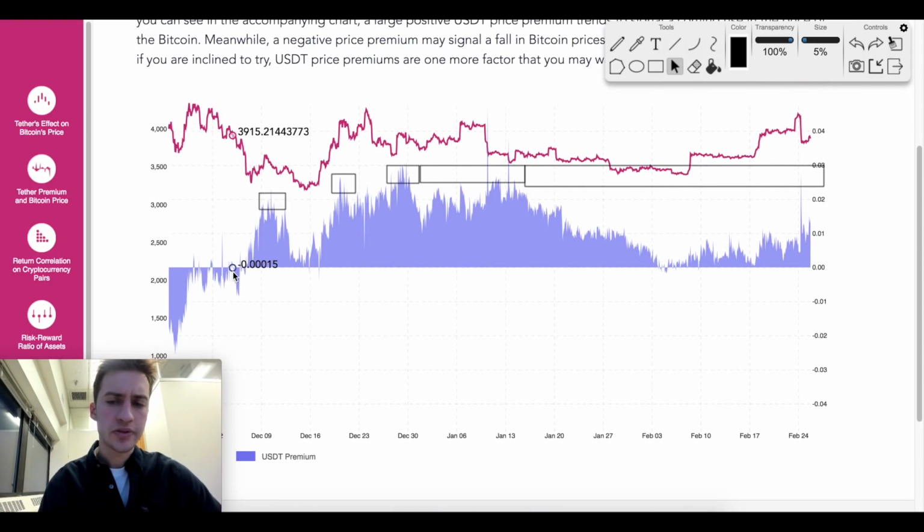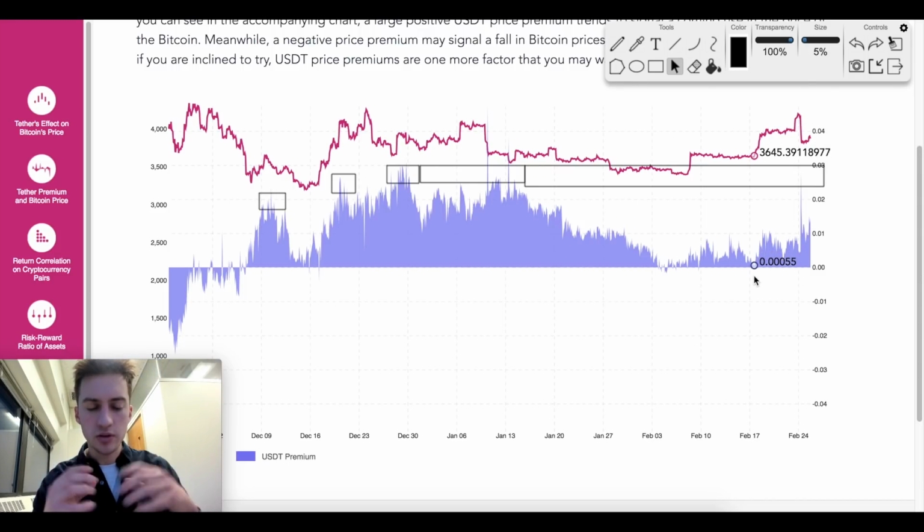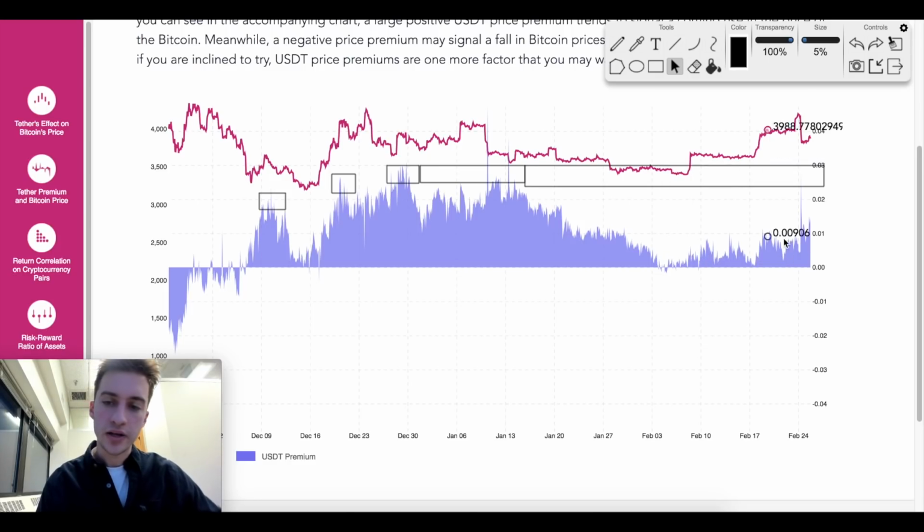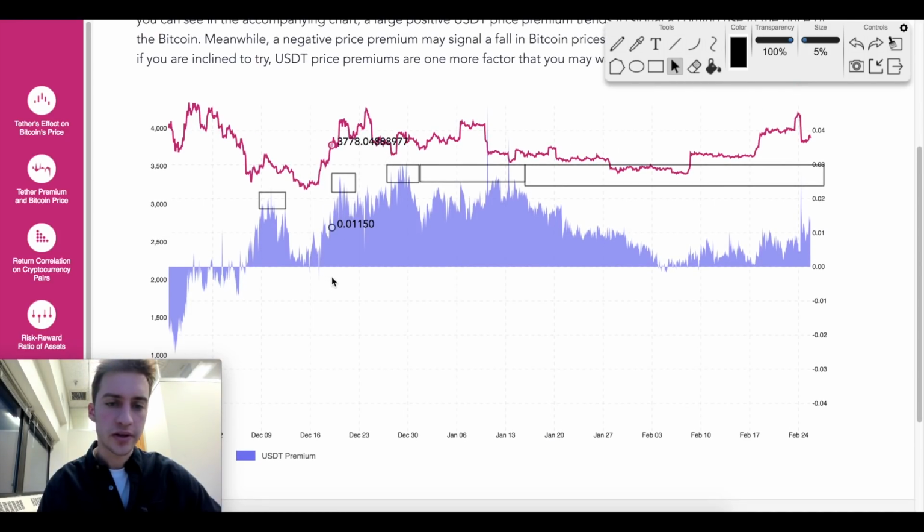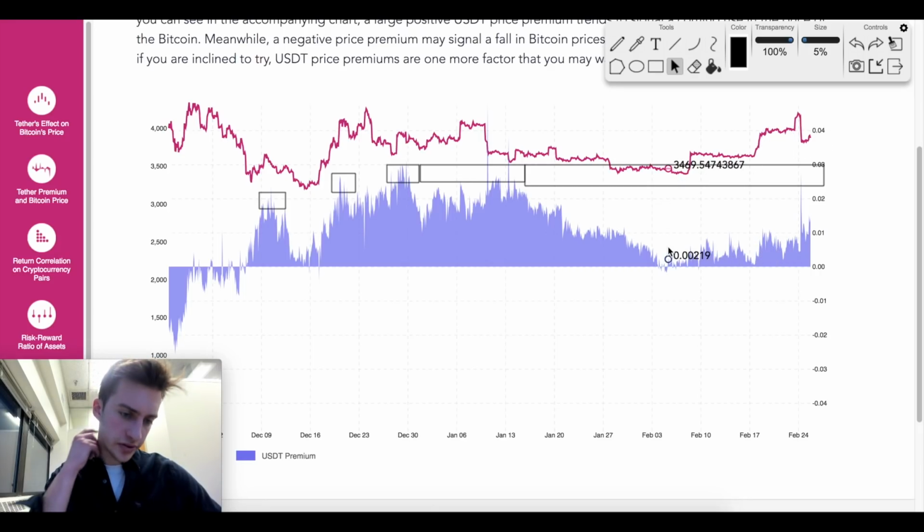And the only other times that actually ever occurred was here, near this price bottom. Here, where price consolidated and didn't really do much. Here, just before the price rise. So the three times where we actually saw Tether having that 1-to-1 ratio to the US dollar, price did rise 2 out of 3 times. I'm saying 2 out of 3 because 1, and then 2, and then 3, here it dropped, as you can see.